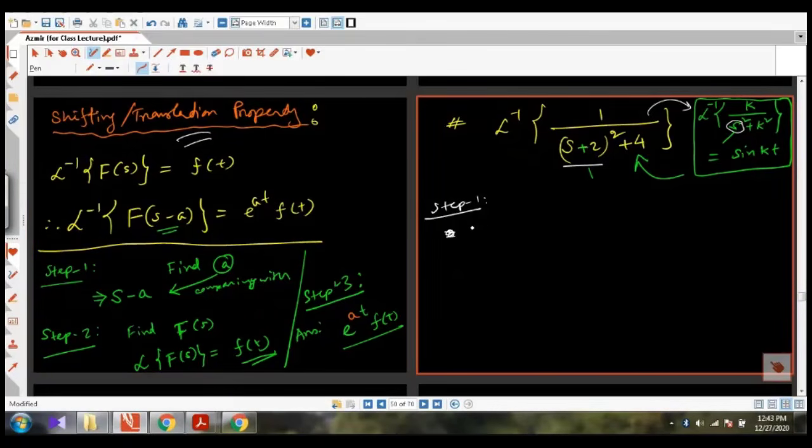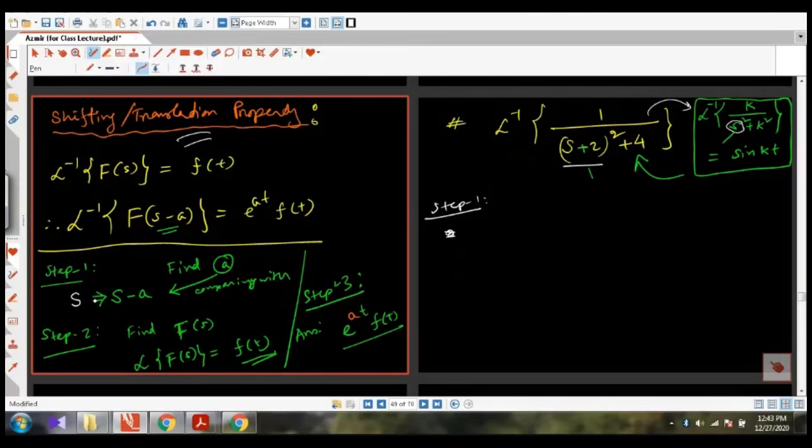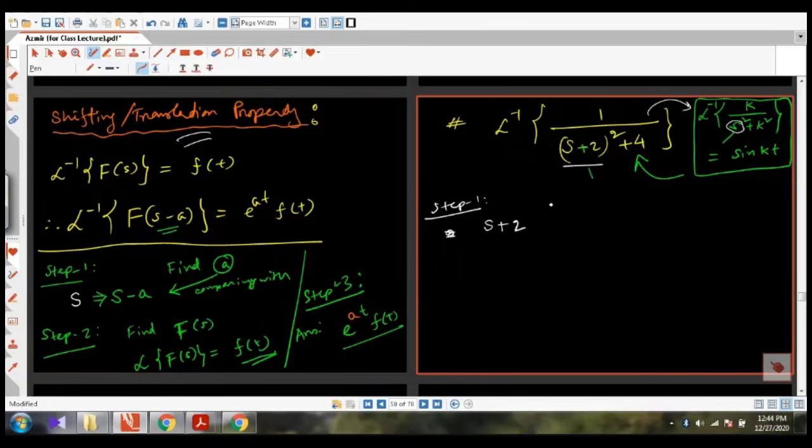So s can be replaced by s negative a. s plus 2 compared with s negative a, it will be s negative negative 2. So what is the value of a? Minus 2. So comparing with s negative a, we have found a as negative 2. This is step 1. So step 1 is completed.